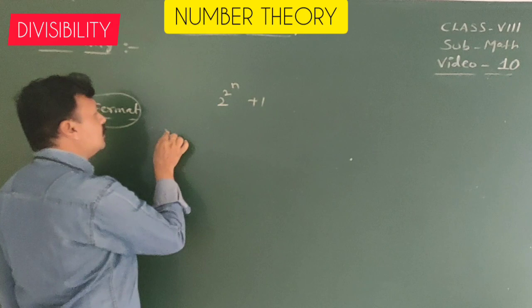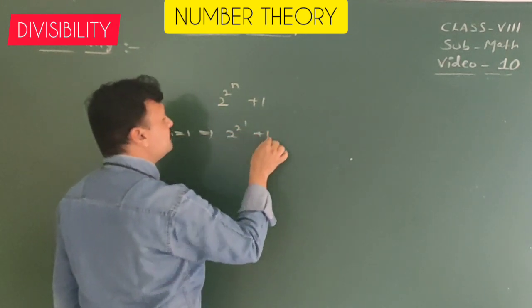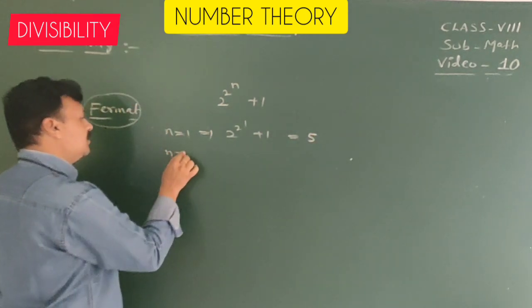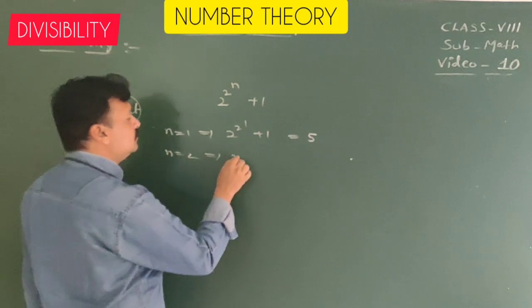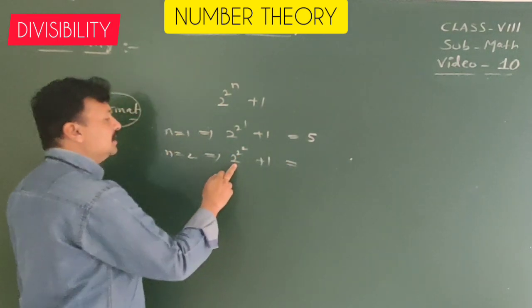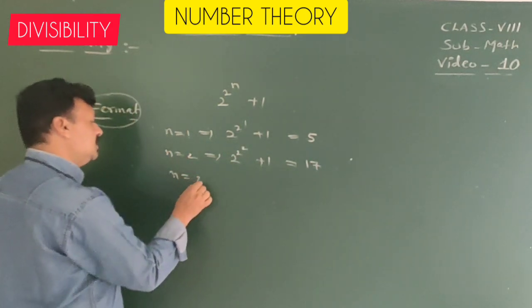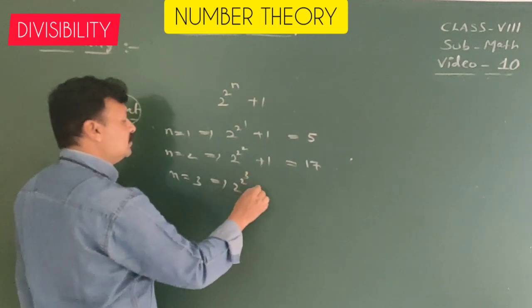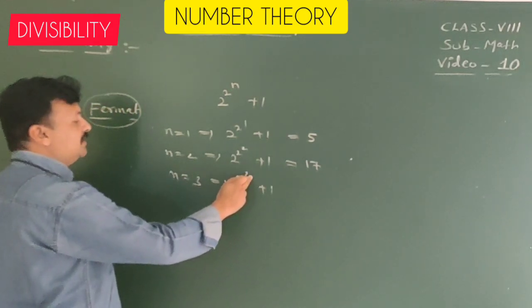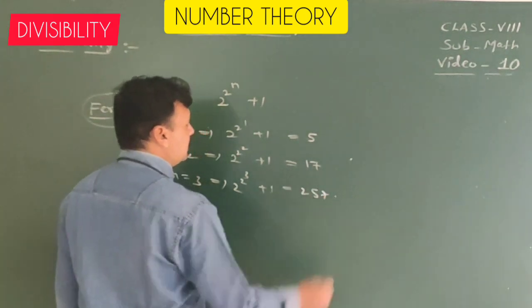Here, for n equal to 1, 2 power 1 plus 1 is 5, a prime. For n equal to 2, 2 power 2 plus 1, that is 2 power 4 plus 1, is 17. For n equal to 3, 2 power 2 cube plus 1 means 2 power 8, which is 256, plus 1 is 257, also a prime.